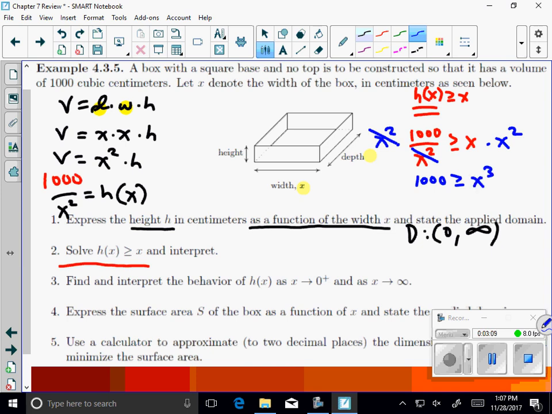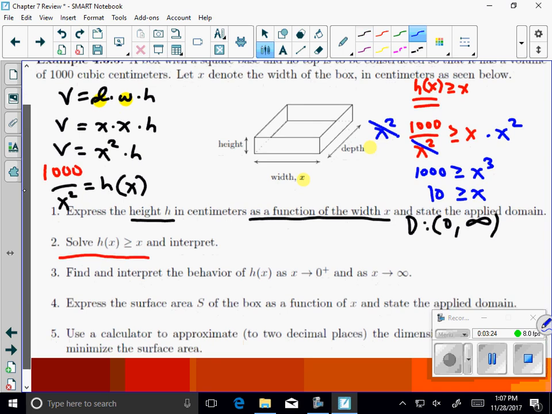Oh, 1,000, you're a perfect cube. So what does x have to be less than or equal to? 10, because 10 cubed is 1,000. Oh, okay, cool. So let's interpret this. What does this mean?